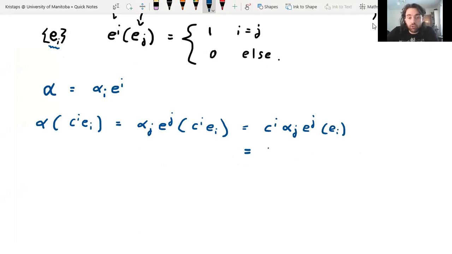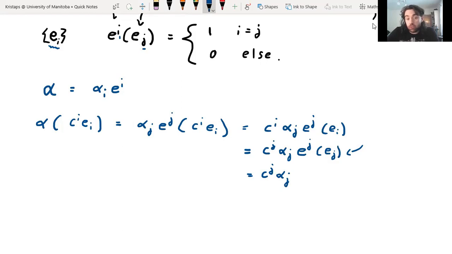So that means C j, alpha j, E j, and E sub j here, which is just C j, alpha j, because this is equal to 1 whenever these indices are equal.